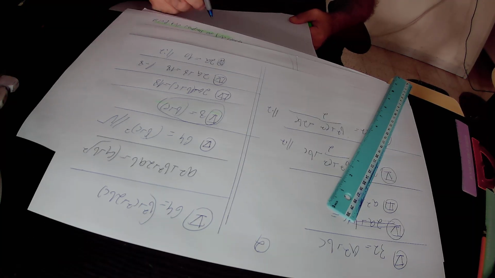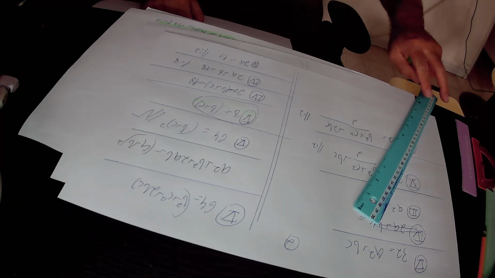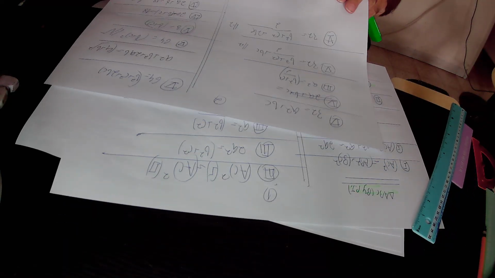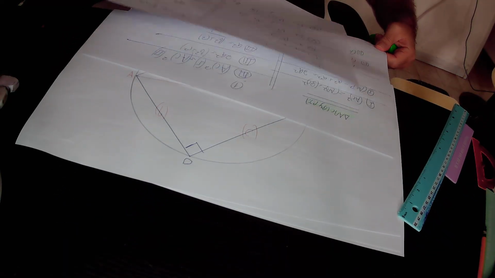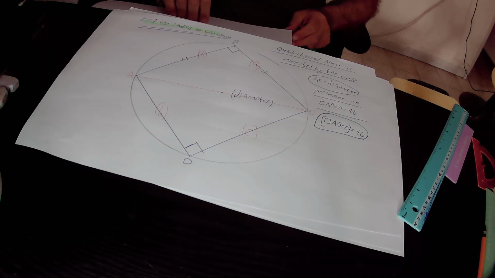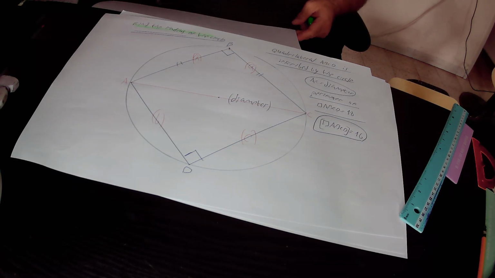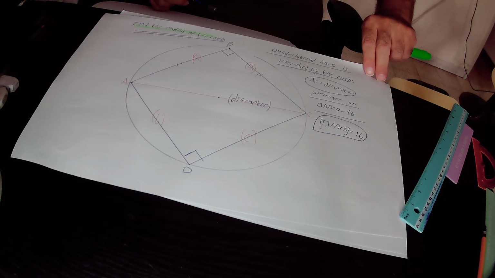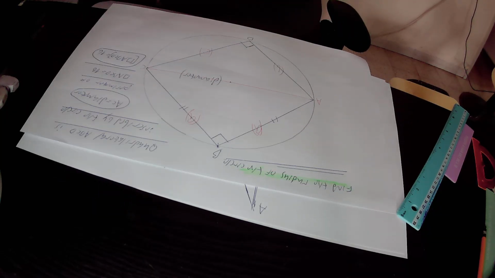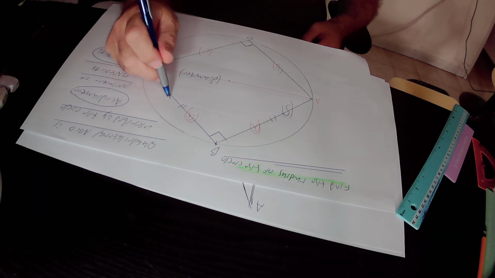So we found that a equals 5 units in length. So AB equals a equals 5, and BC is also equal to a, equals 5 units in length.